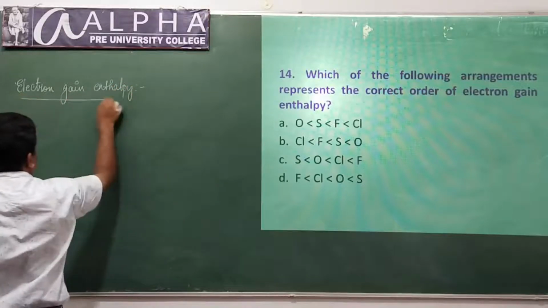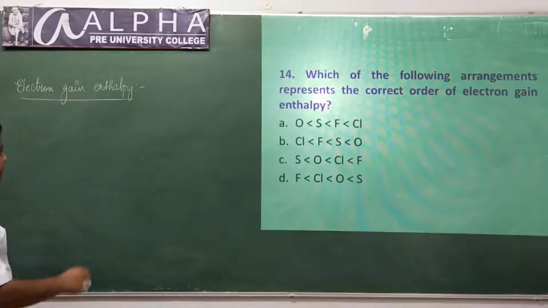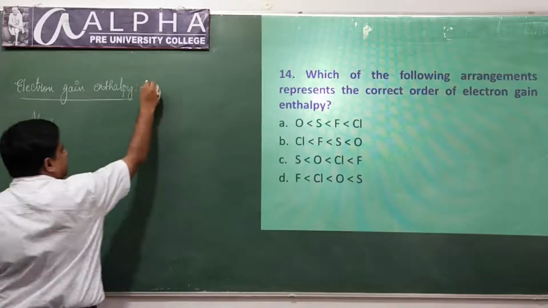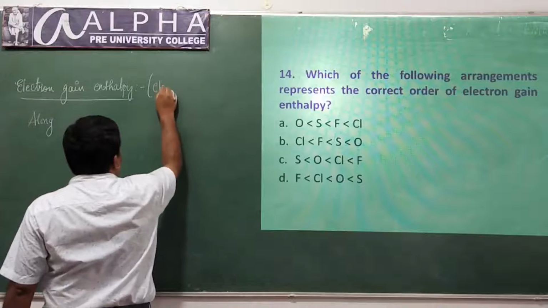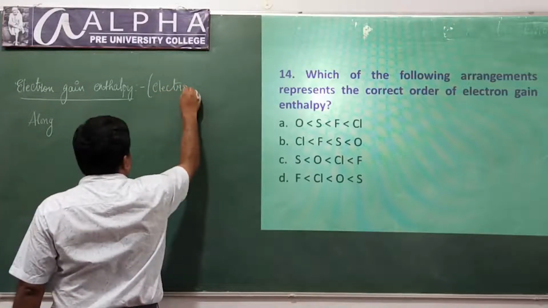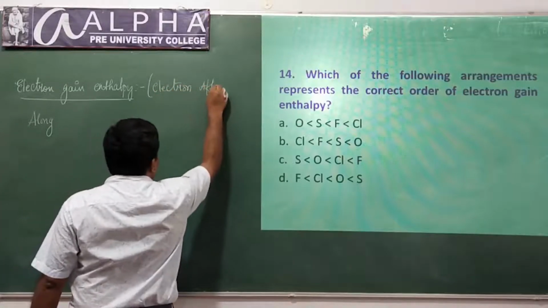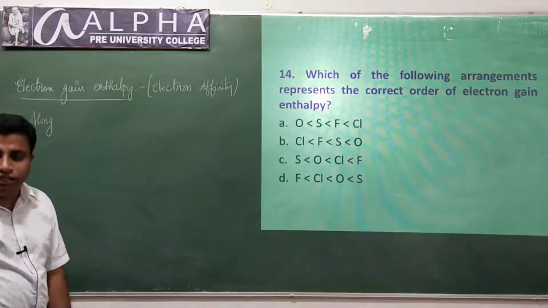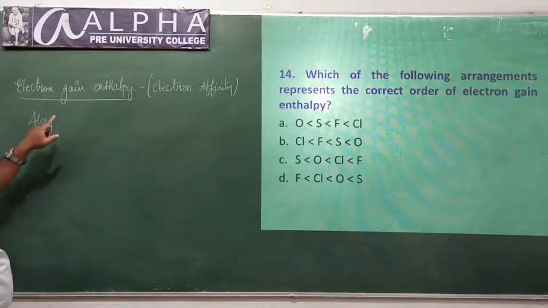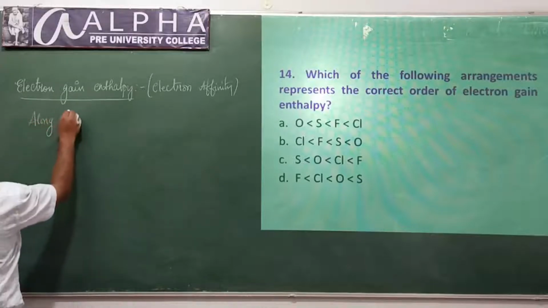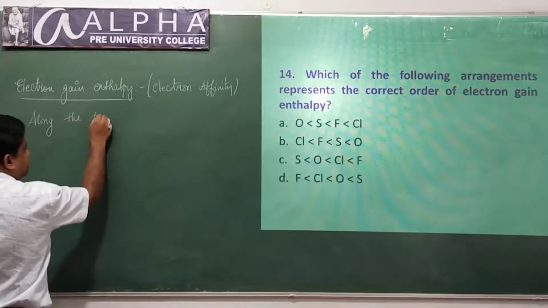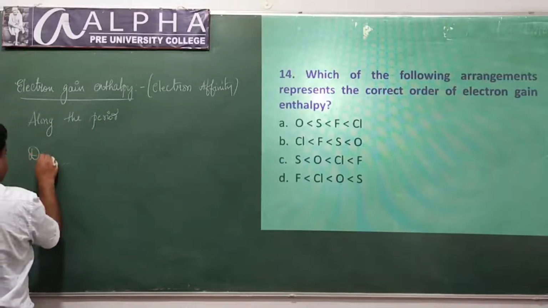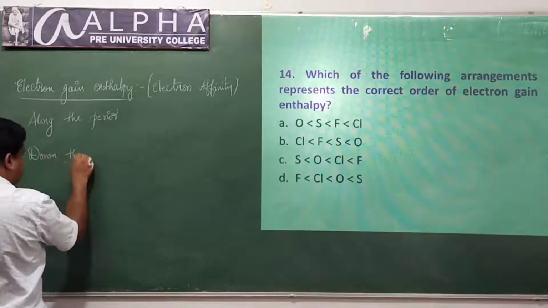So what happens to electron gain enthalpy along the period? Just now we spoke about it. Electron gain enthalpy is nothing but electron affinity. They are one and the same. So what happens to electron gain enthalpy or electron affinity along the period and down the group?